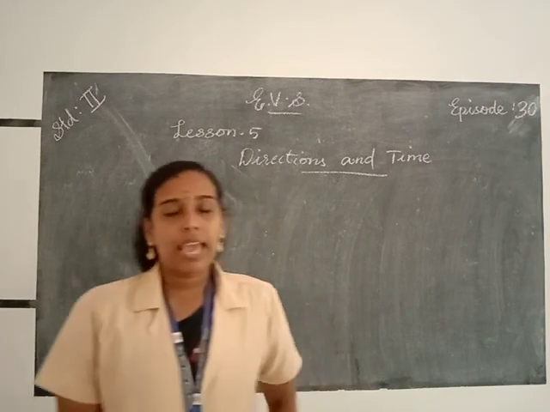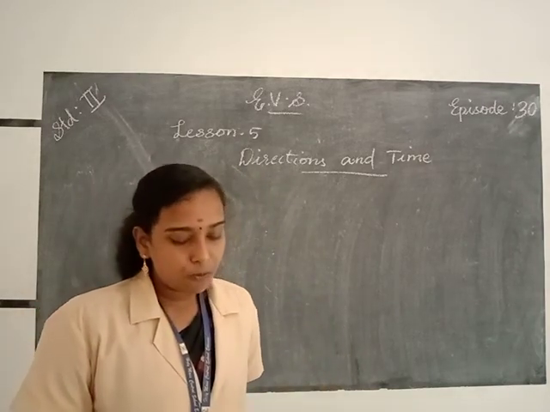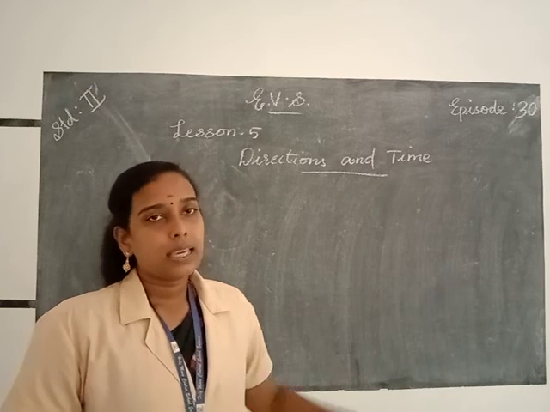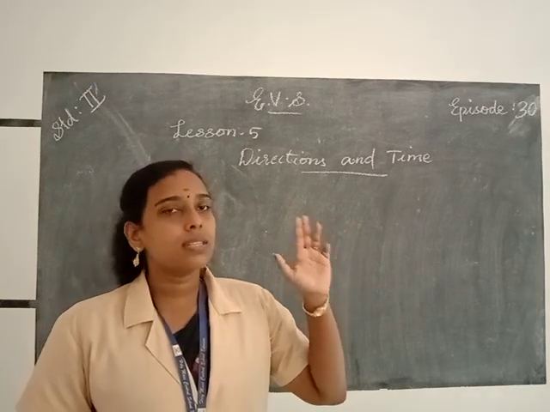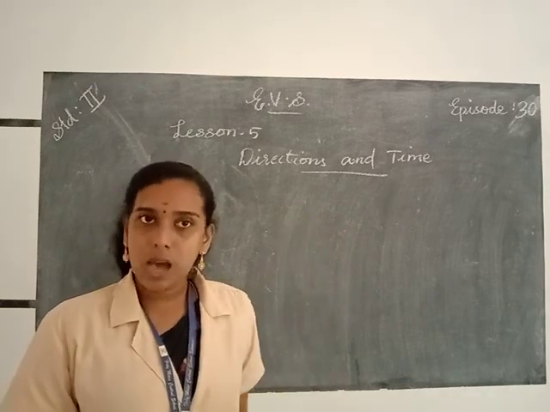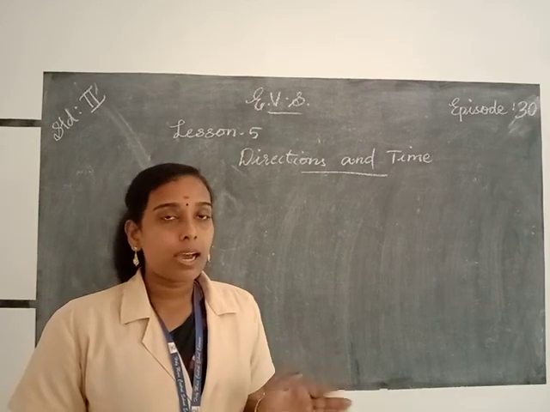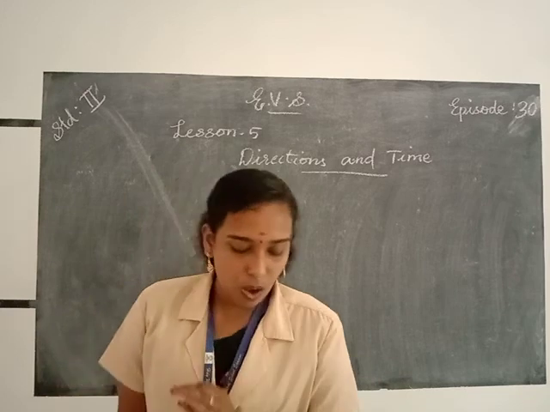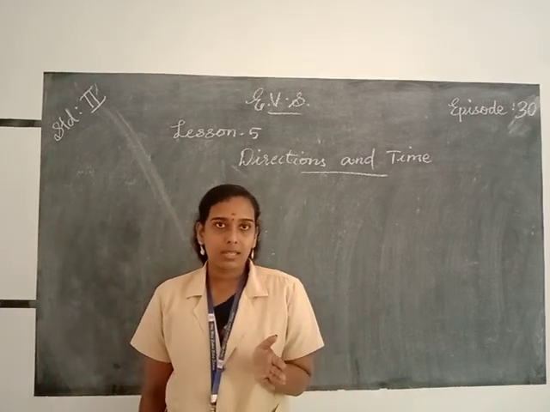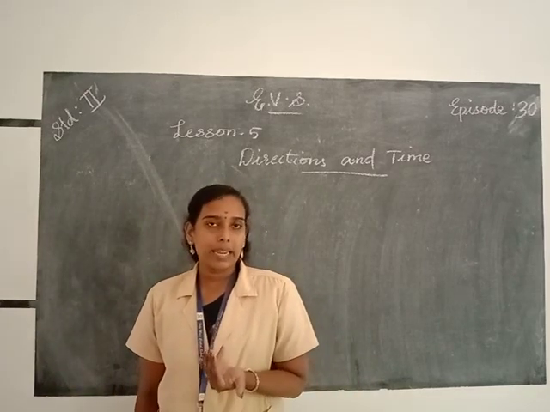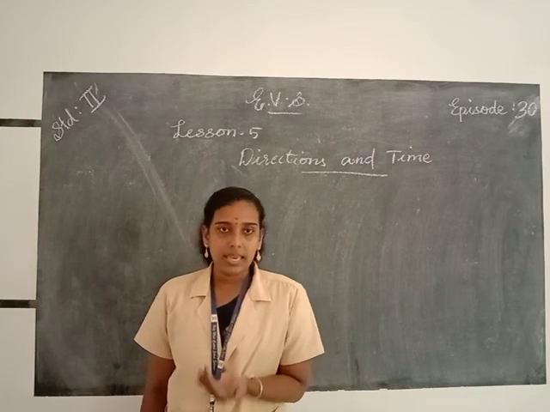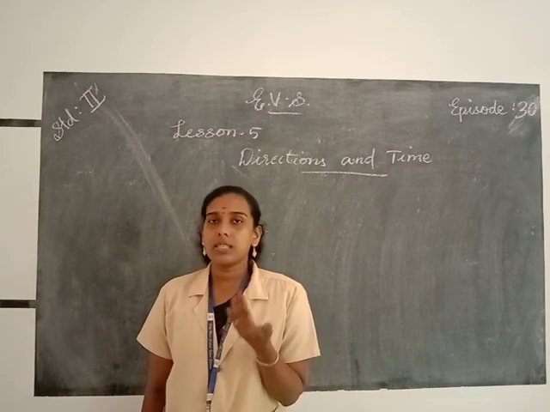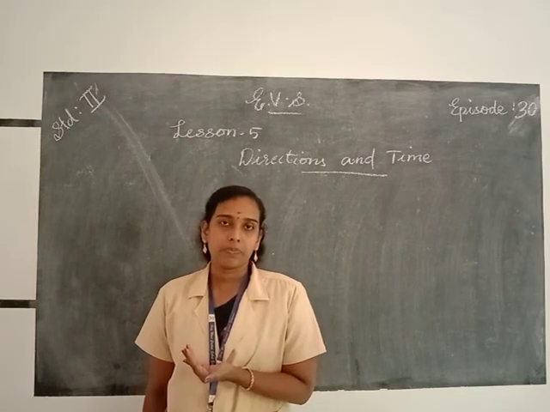Then absolute directions. There are 4 main directions: east, west, north and south. These are called absolute directions. They never change no matter where we stand. The relative directions keep on changing, but the absolute directions never change.